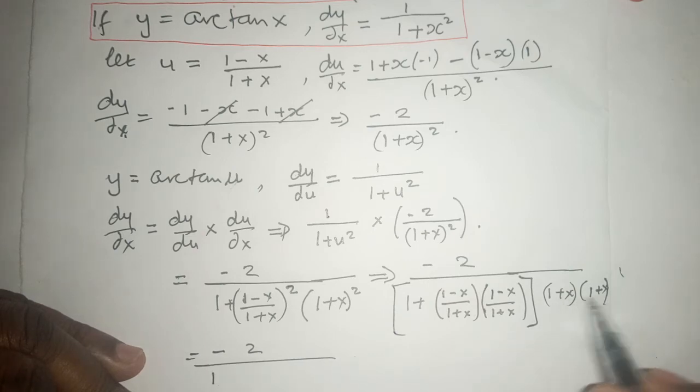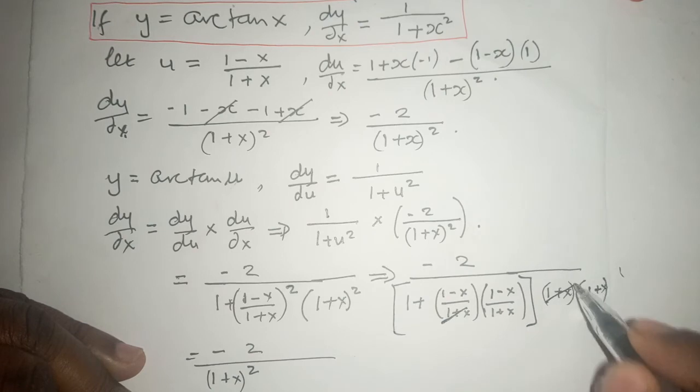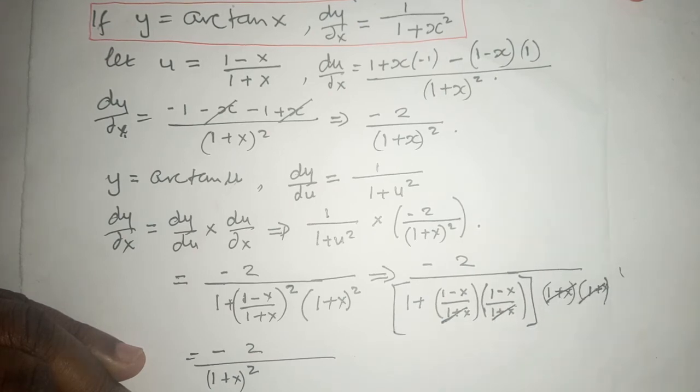We have (1 plus x) squared, then this part multiplied by (1 plus x) squared, of course it cancels out, that goes with that, that goes with that. So we are having plus (1 minus x) squared.